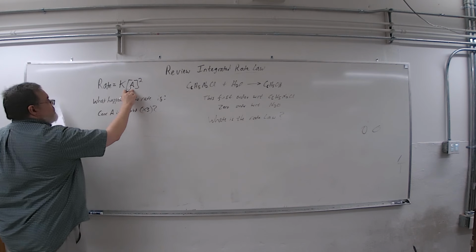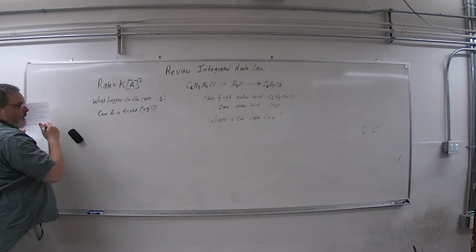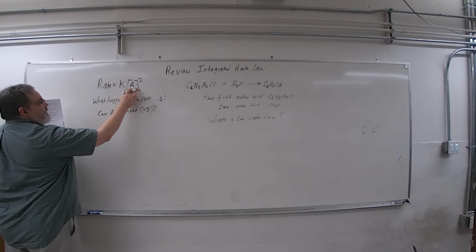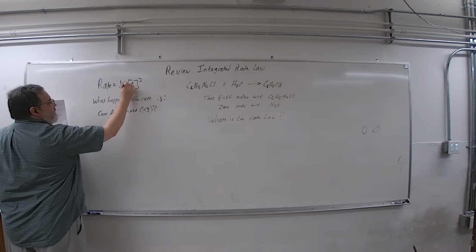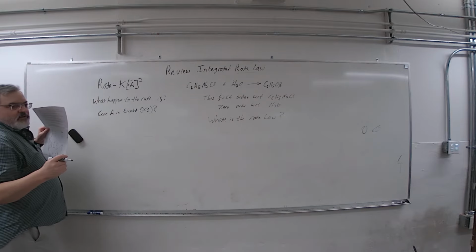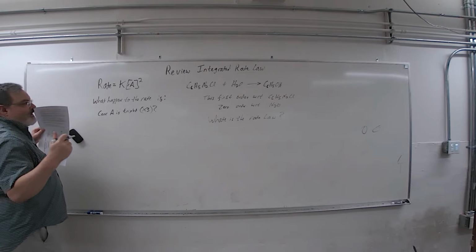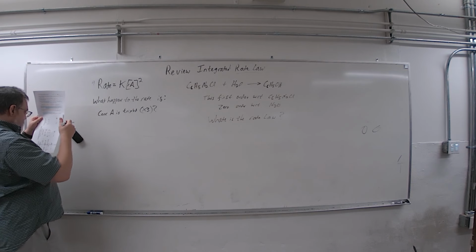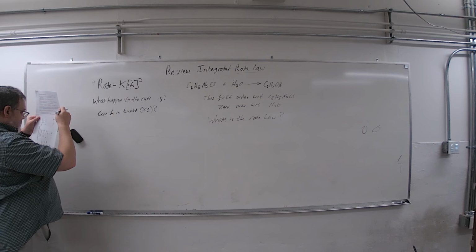If I triple this, what does that do to the rate? Triple the concentration of A, meaning I stick a 3 in there. It's 3 times 3, so that makes 9. It's 9. All right.